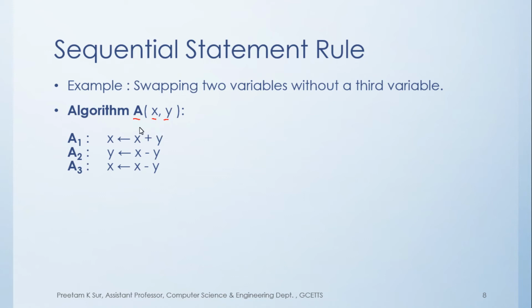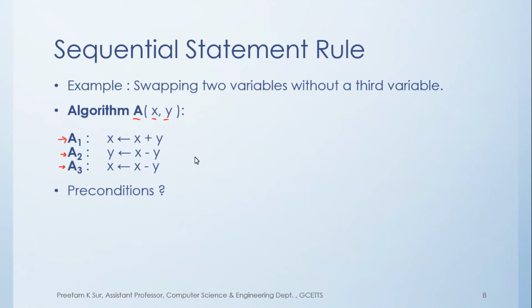The first instruction a1 of the algorithm is x equals x plus y. The second instruction a2 is y equals x minus y, and the third instruction a3 is x equals x minus y. So this is the algorithm for swapping two variables without using a third variable.